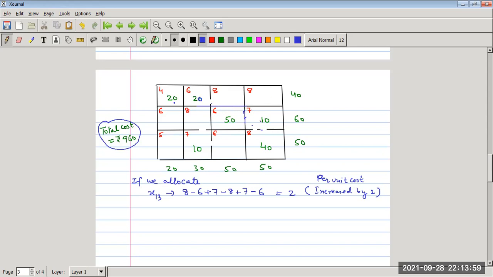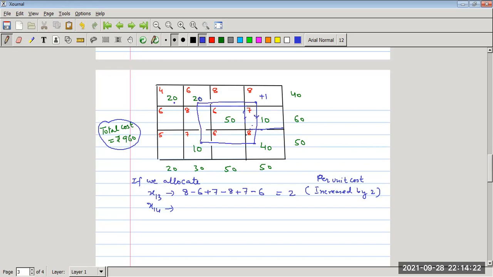So if we allocate items at this point, if we allocate one item in this point, x14, now I write x14. So what we observe, does this form a loop or not? Yes, we start from this, we move to this directly, and then this point, and then this point, and come back to this.